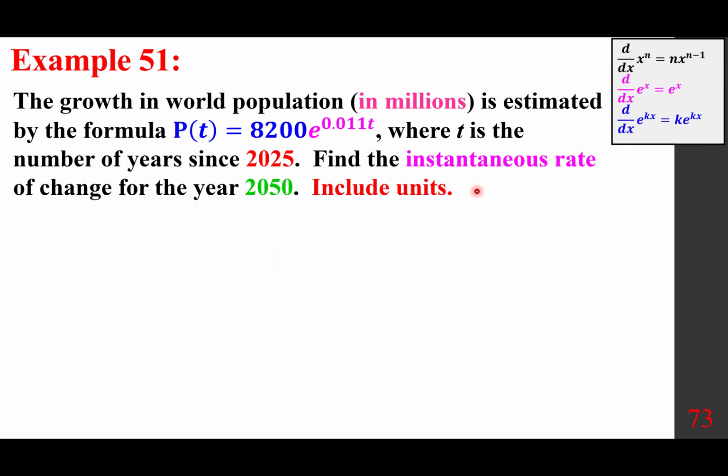So that means we want to differentiate the instantaneous rate. We want P prime of t. To differentiate, you have the same number, then you have the same e, and by the chain rule, times the derivative of the exponent, 0.011.